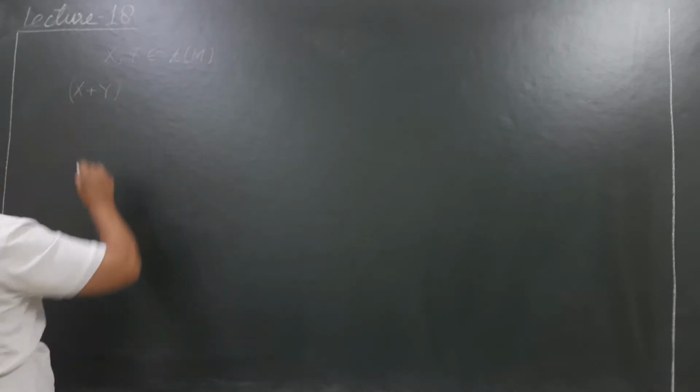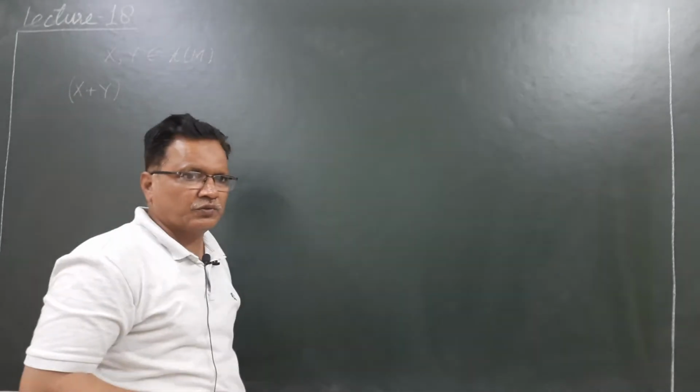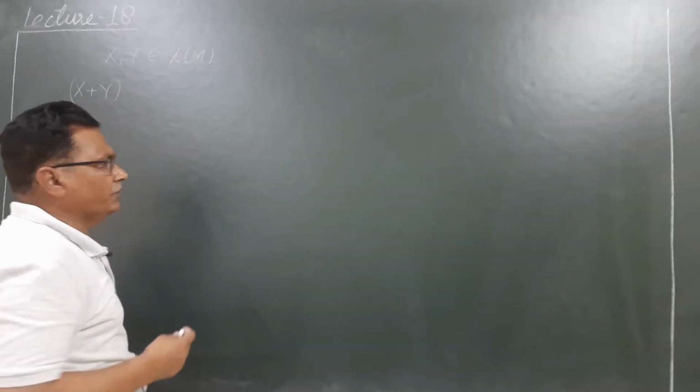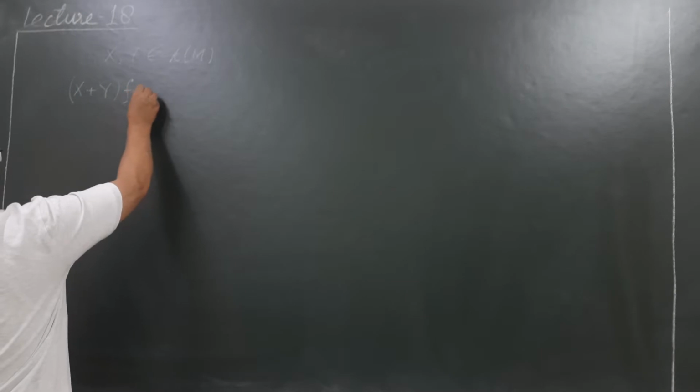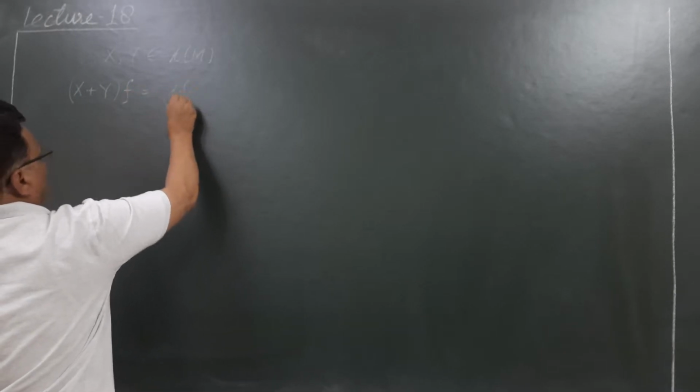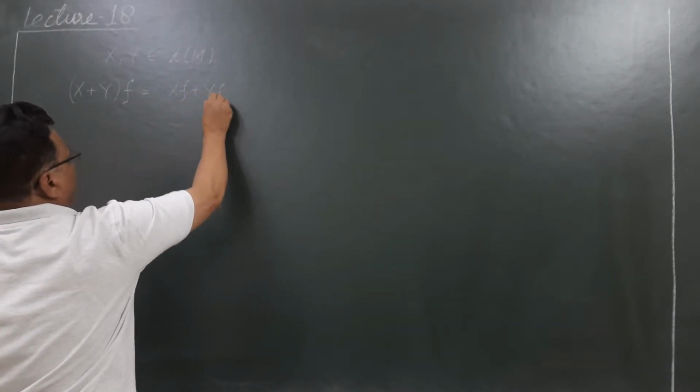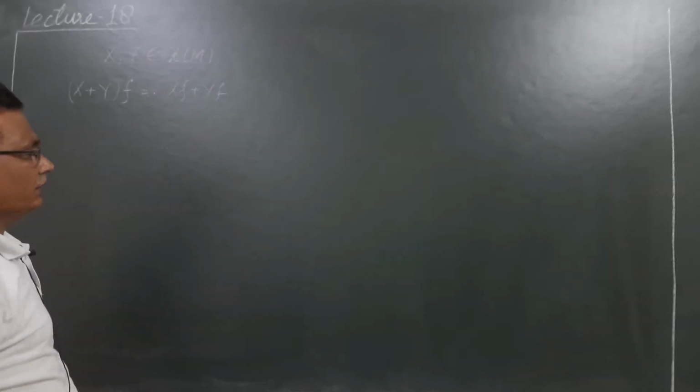Vector fields are objects which operate on functions to produce functions satisfying the Leibniz property and linear property. So, the sum will operate on a function, it is given by Xf plus Yf. This is how the sum of two vector fields was defined.